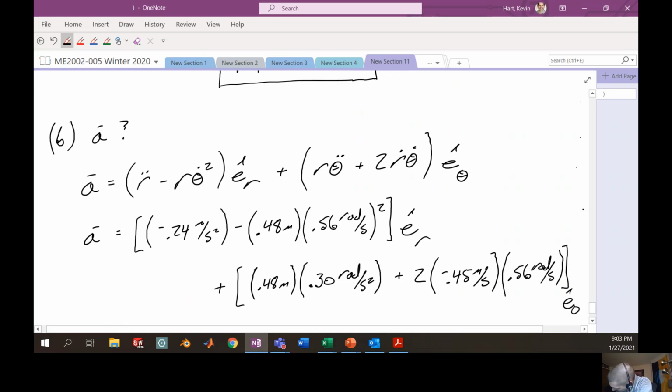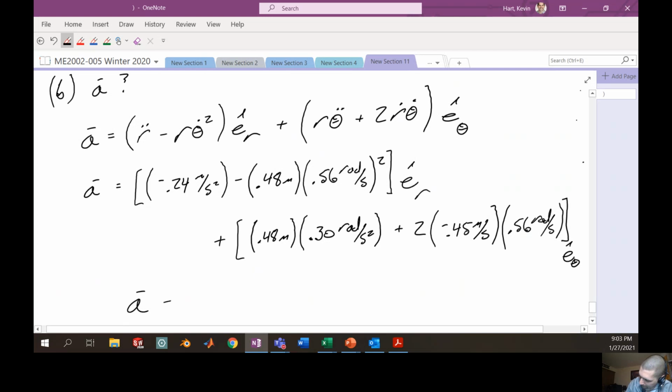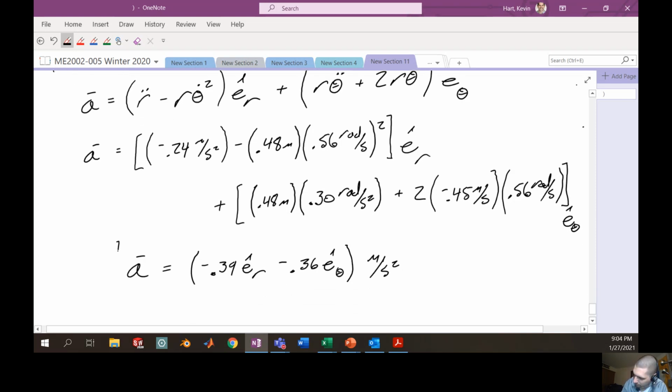All this in e hat theta. After all the algebra settles, since you have all of these values, negative 0.39 e hat r minus 0.36 e hat theta meters per second squared. So there's your acceleration.